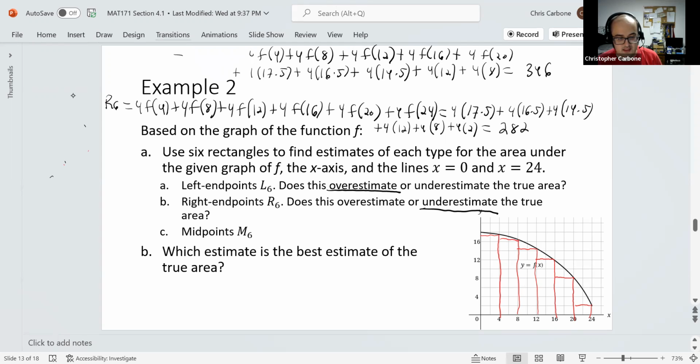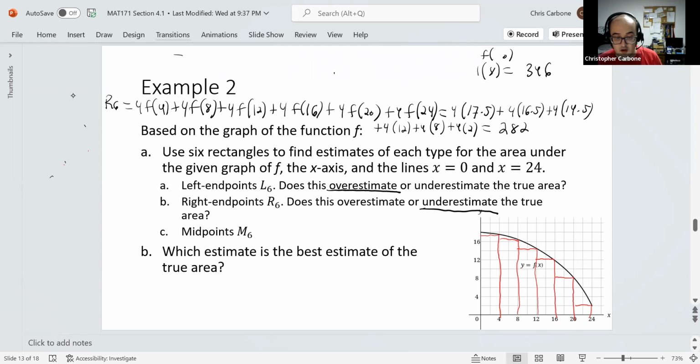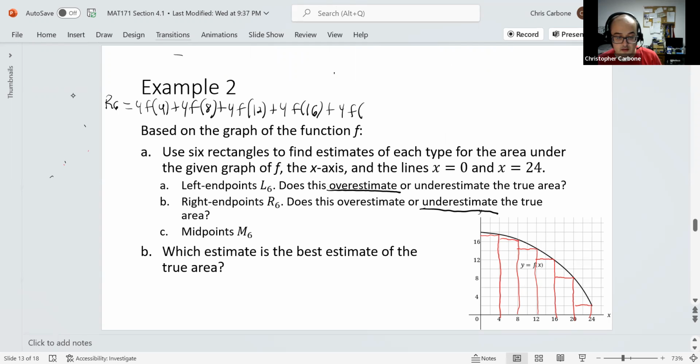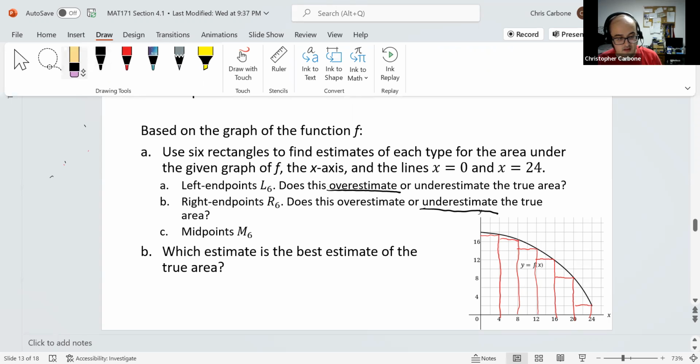Those will attempt to give us a bit of a better estimate, which should be within the ranges of the two values we just found.